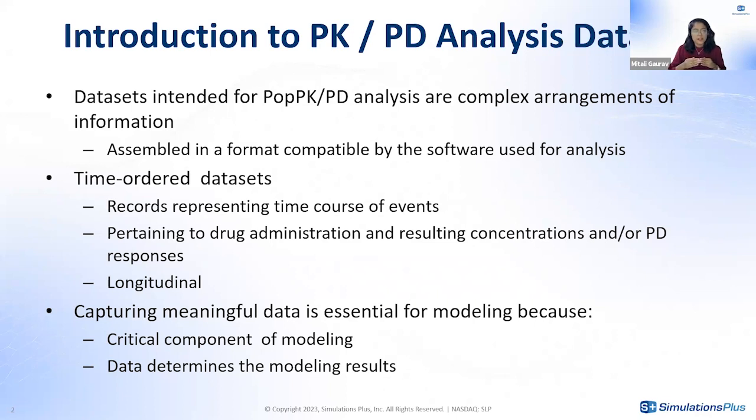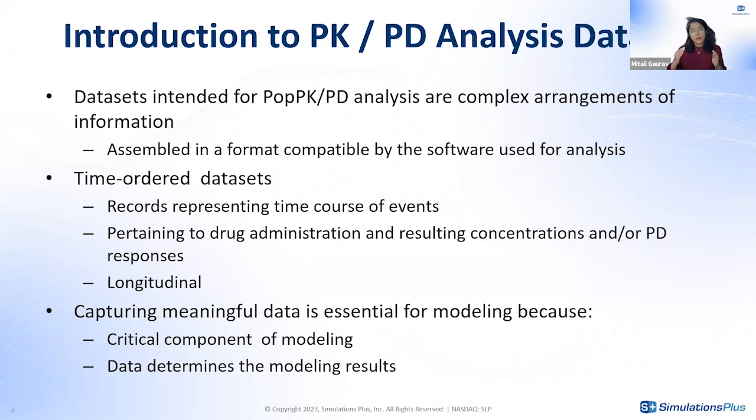Generally, these data sets are time ordered, where each record represents the time course of events related to the drug administration. If your analysis is about pharmacokinetics, then that will include your resulting concentration. And if you're dealing with pharmacodynamics, then there will be records pertaining to the pharmacodynamic outcomes that you are trying to analyze.